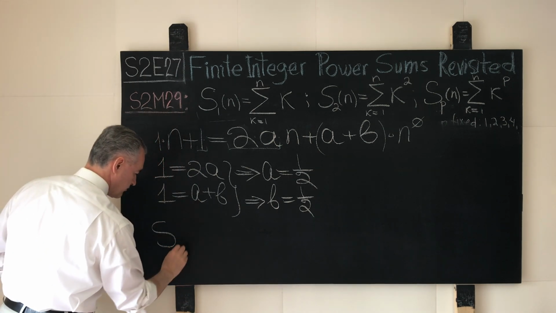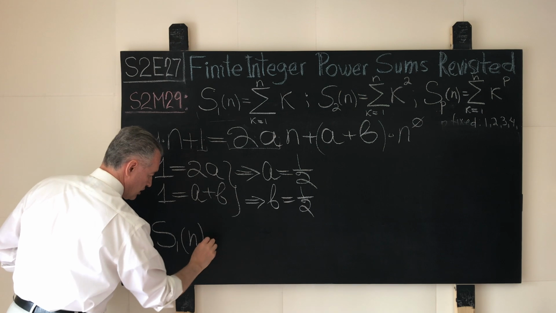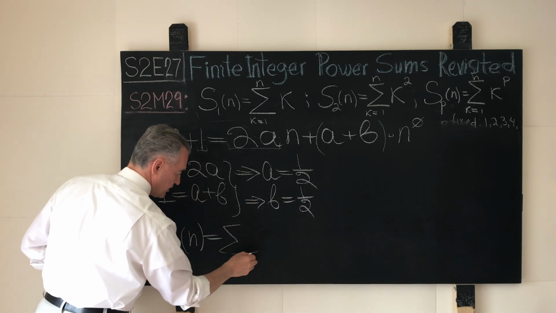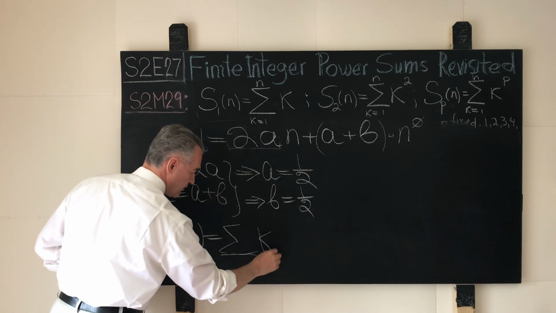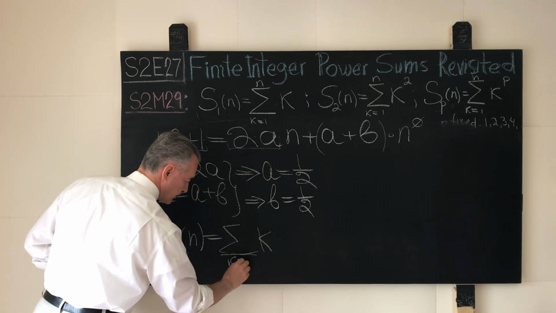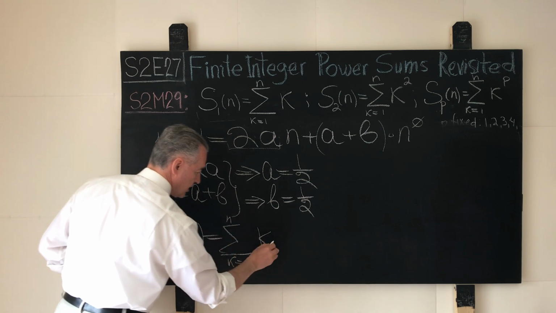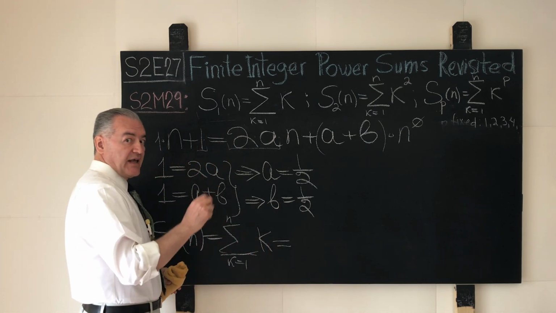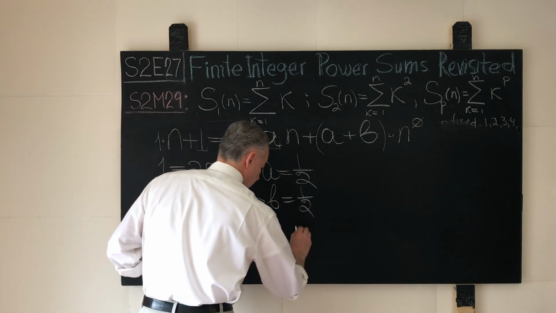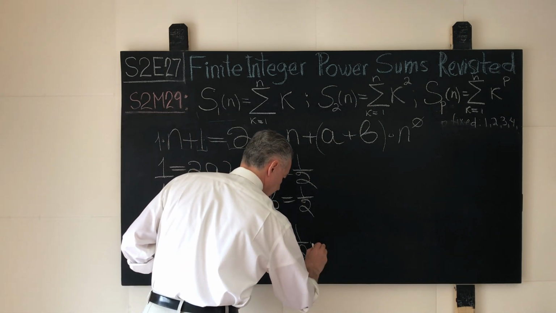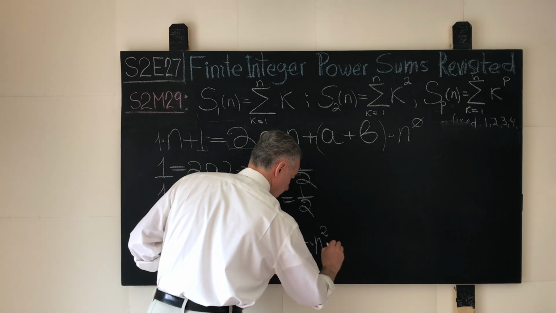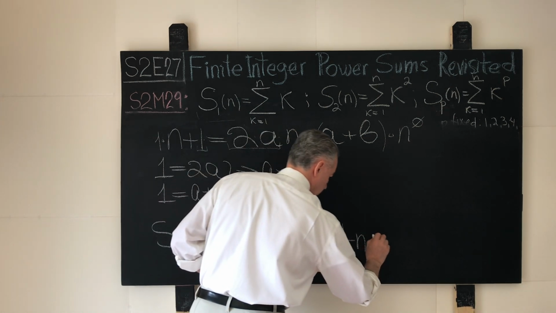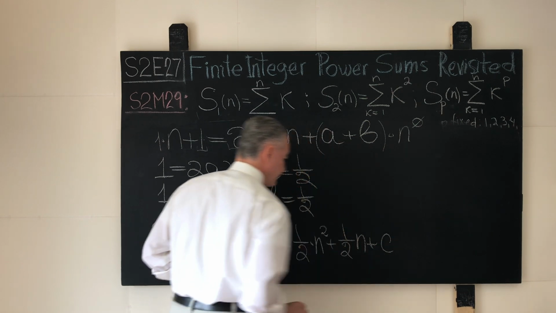Our sum S1 of n, that is the sum of k raised to the first power, where k varies between 1 and n, is what? It is a polynomial in n of the second degree. So it will be what? 1/2 times n squared plus 1/2 n plus c.